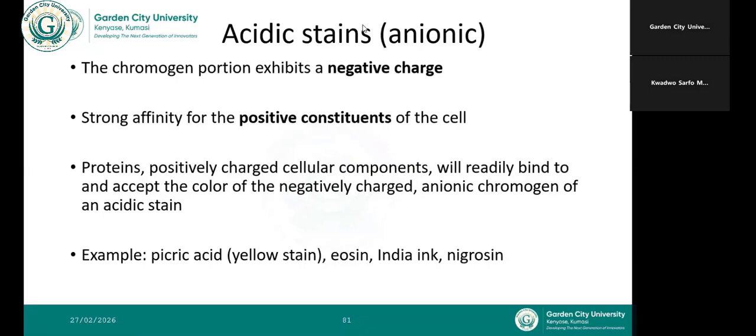So acidic stains are also referred to as anionic stains, and they have negative charge coming from the auxochrome to the chromogen part, the colored part of the organic solvent and the chromophore. And because they are negatively charged, they have very strong affinity for structures that are having positive charges.